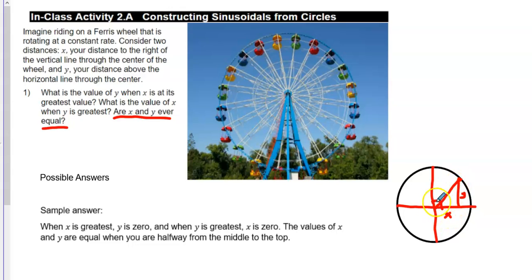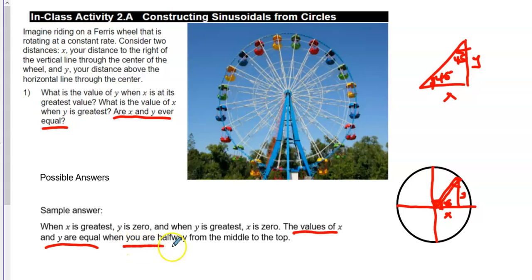Now, if this is 90 degrees, then when we are midway between, we are going to get an angle of 45 degrees here. And when this is 45, the top also is 45. And so this is 45, and that is 45. The only way this angle is going to be the same as that angle is when x and y are the same. All right. And so the value of x and y are equal when you are halfway from the middle to the top.